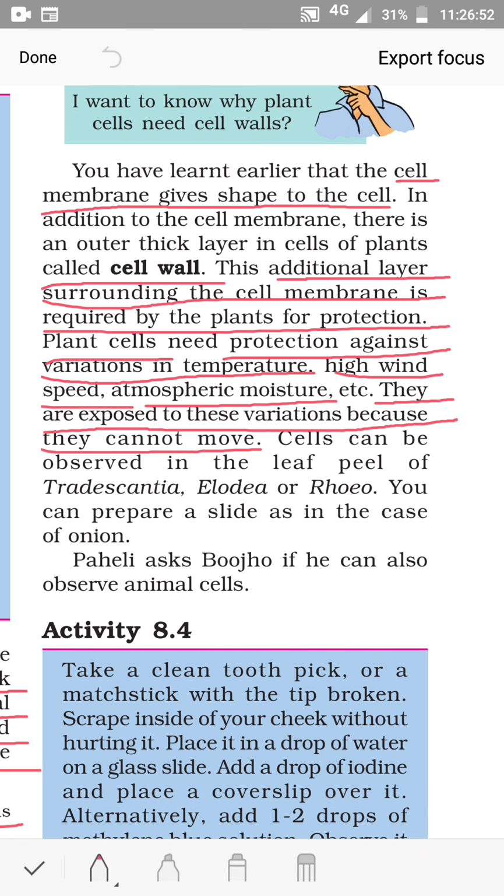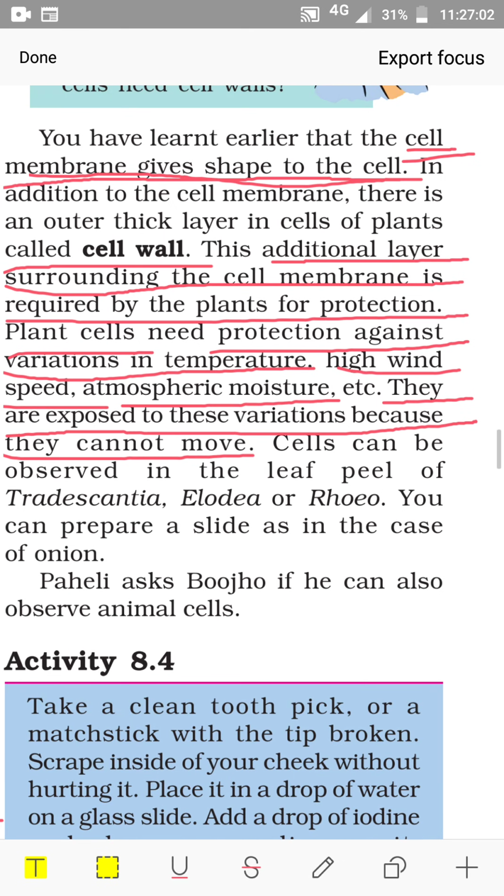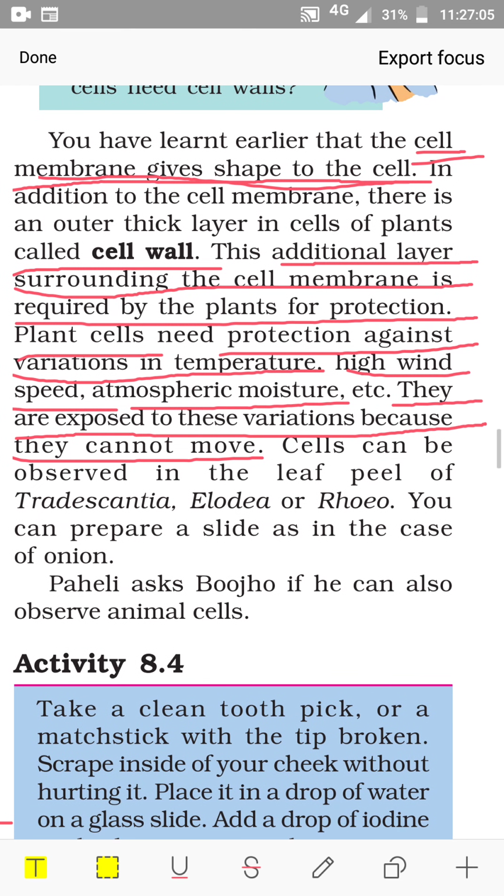The cell membrane gives shape to the cell, and in addition to the cell membrane, there is an outer thick layer in the cells of plants, that is called the cell wall. This additional layer surrounding the cell membrane is required by plants. For what reason is it required? It is present only in plant cell for, number one, protection.